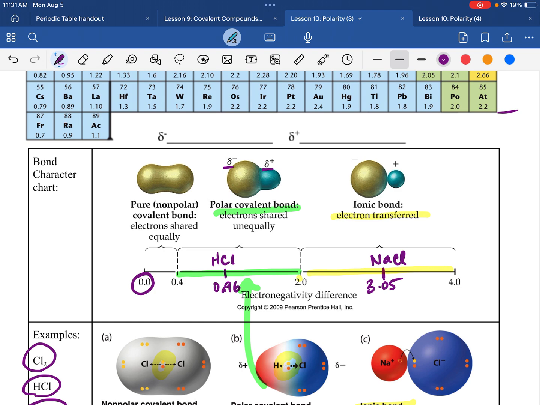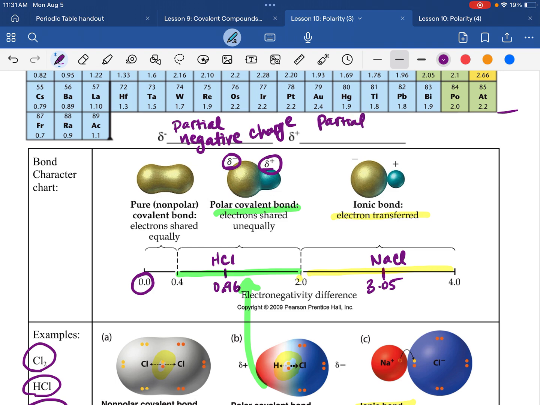The last thing on this page I want to point out is these cool little signs. This is the Greek letter delta, lowercase delta. When it has a little negative sign by it, like this one, that means partial negative charge.